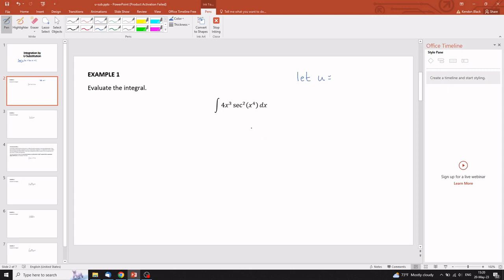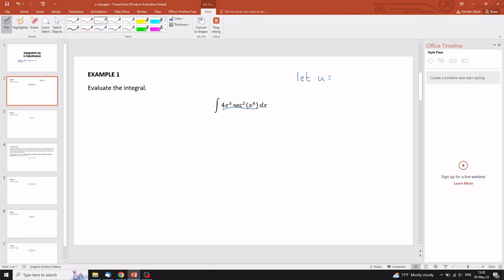Looking at this integrand, 4x cubed secant squared x to the fourth, we have lots of choices. u could be x cubed, it could be 4x cubed, it could be x to the fourth, it could be secant x to the fourth, it could be secant squared x to the fourth, it could be the entire thing, 4x cubed secant squared x to the fourth. There's tons of different ways to break up that integrand into some expression with x.